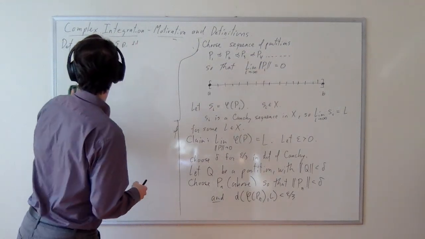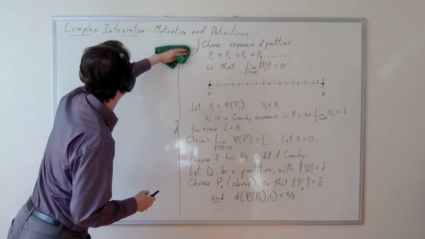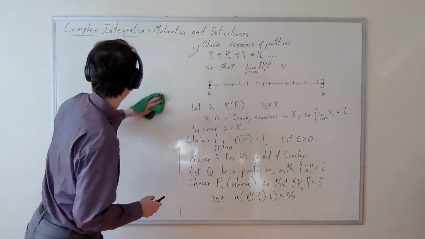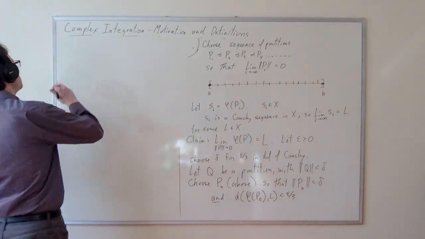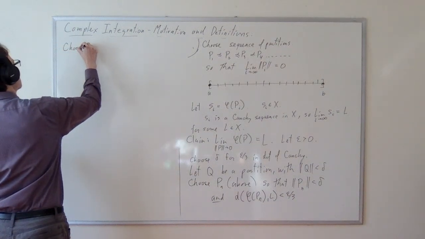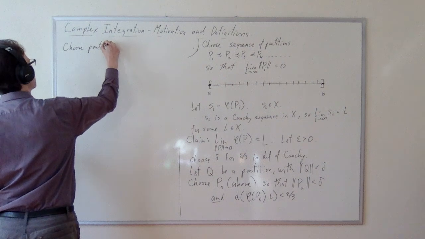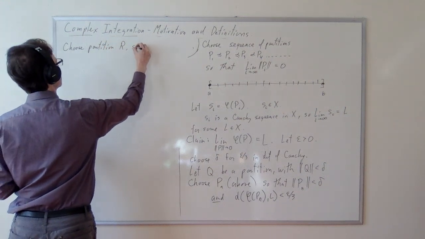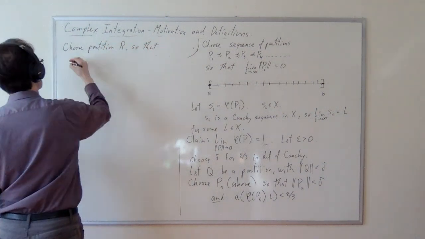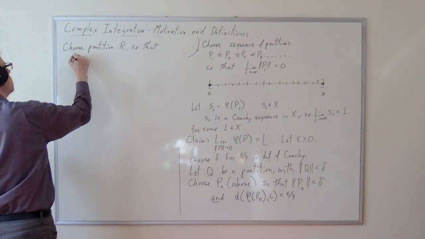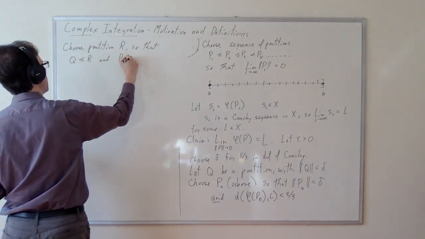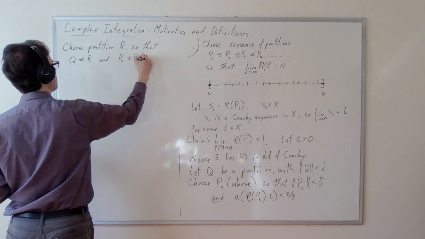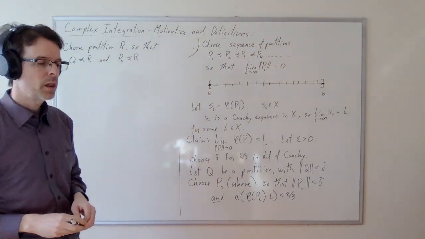Okay, now I would love to compare phi of Pn to phi of Q directly, but it doesn't work because neither is a refinement of the other. And so I need to next get a refinement of both of them. So I need to choose a partition R such that Q is refined by R, and Pn is also refined by R. So R is going to refine them both. How do you do that?